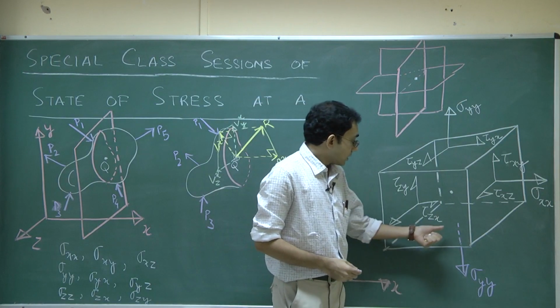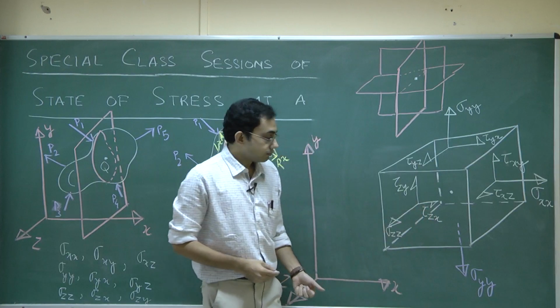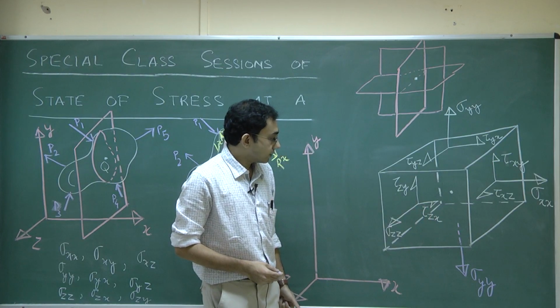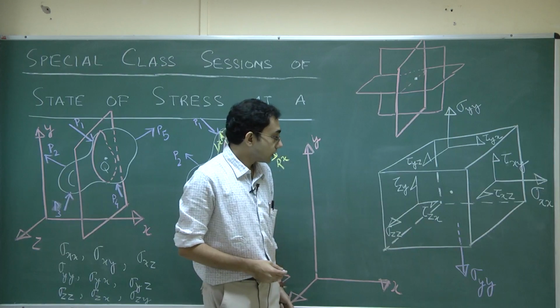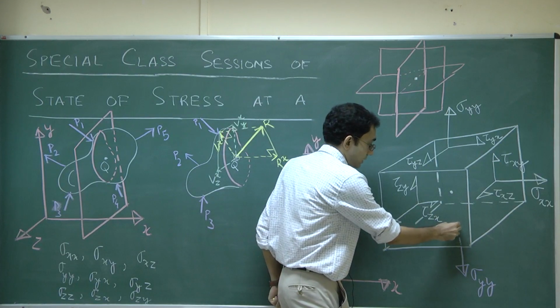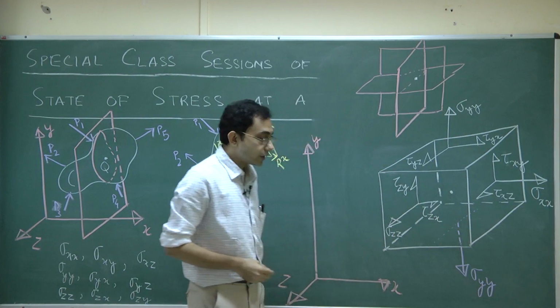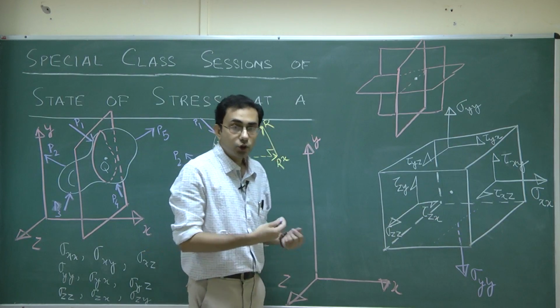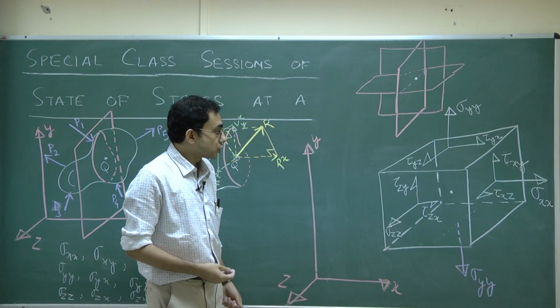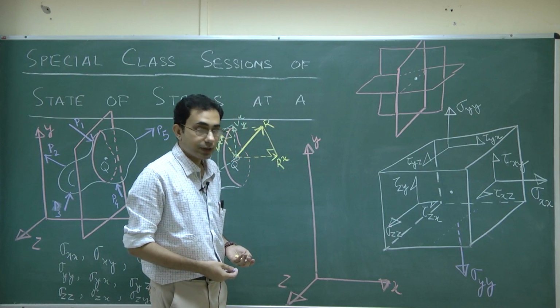Now, if I want to write the shear stress, let us say along the z direction, what do I do? Can I draw a shear stress like this, or should I draw a shear stress like this? What do I do? So, what we do in general is to follow some sort of a positivity convention.